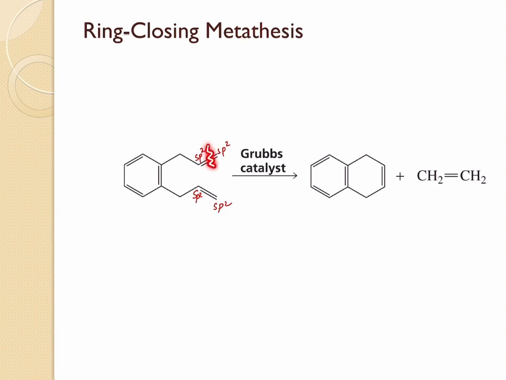So we are going to break these two double bonds and put two new double bonds here. That's going to give us this cyclic structure and also the ethylene molecule. Look at this, this is also a terminal alkene, which is definitely going to give us an ethylene molecule.